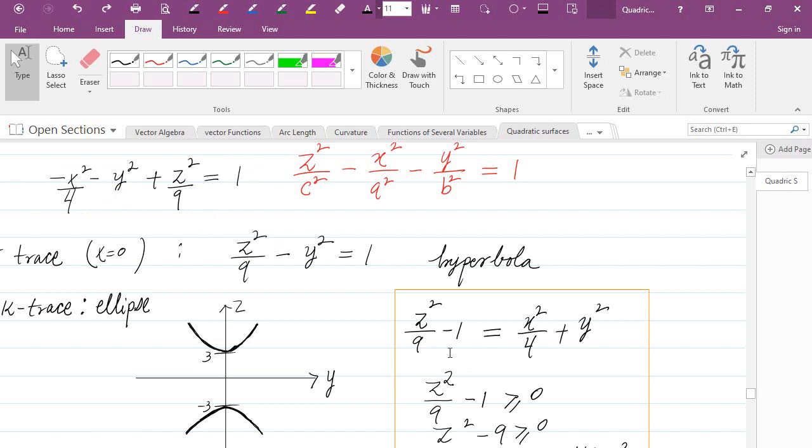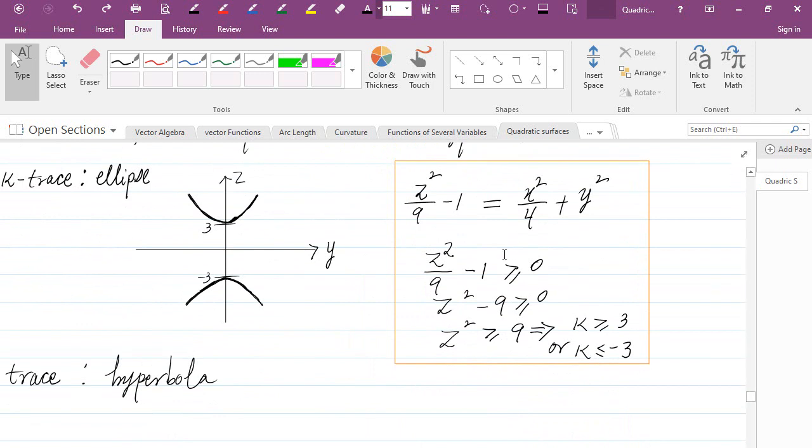So if I do that, I get this. Here I can see that because the right hand side is non-negative, so is the left hand side. That tells you that z squared minus 9 is non-negative, and as a result z squared is greater than or equal to 9.